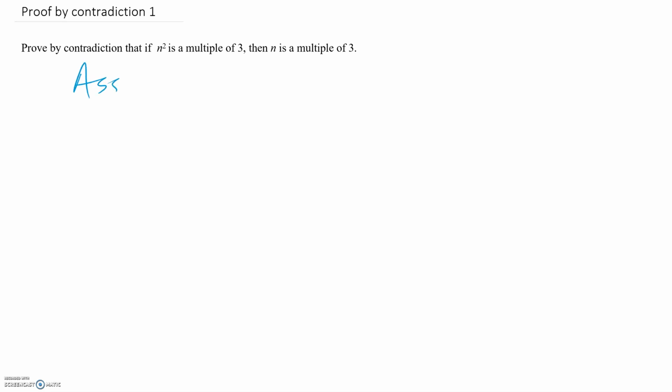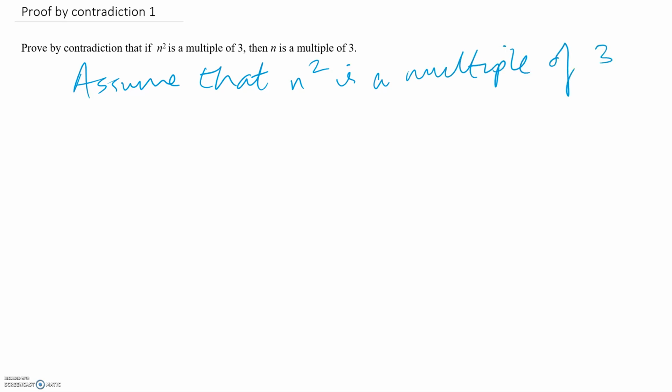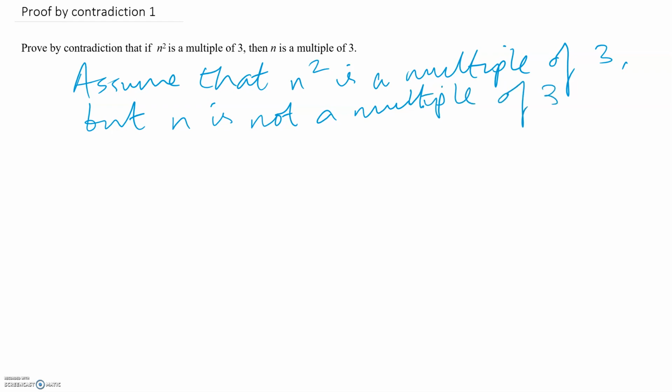If we assume that n squared is a multiple of 3, but n is not a multiple of 3.